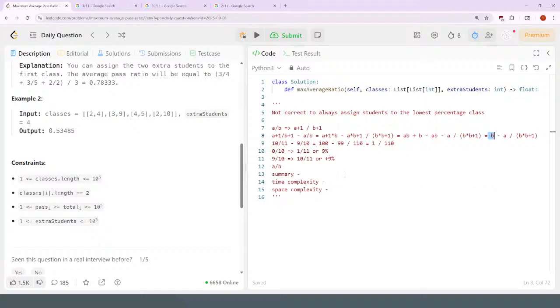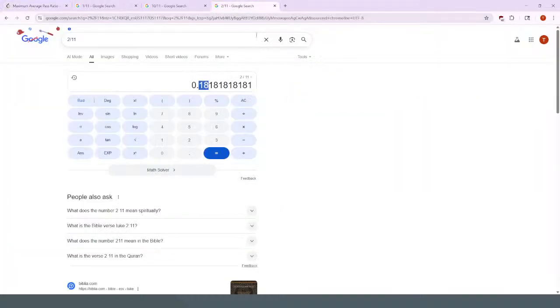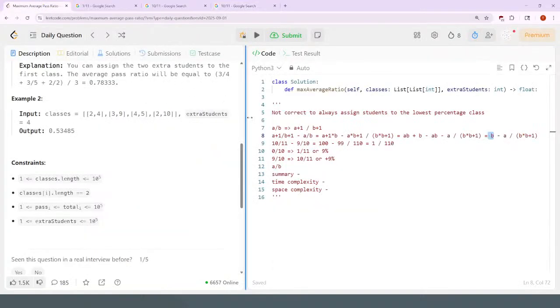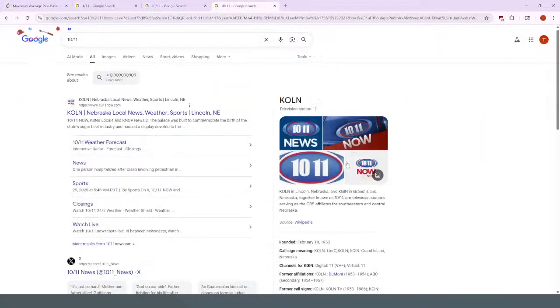Wait. Did I do that wrong? Okay, I think I did it wrong. I see. It's 90.91. Oh, okay. Yeah, this is, whoa, wow, that's really bad. This is an increase of 0.9%. 90% is 0.9.